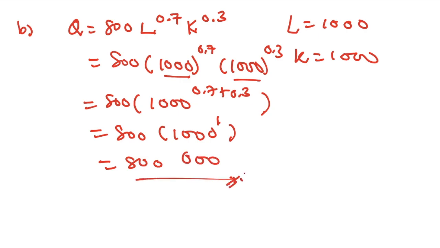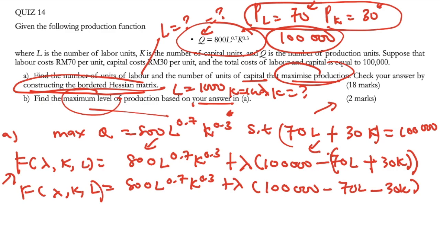That's it. Okay, now let's move back to question A, because we haven't found the bordered Hessian matrix, just to check whether we really have maximized the production by using 1000 L and 1000 K for the production of 800,000 Q. Okay, so here, in order to do that, you need to do the bordered Hessian.